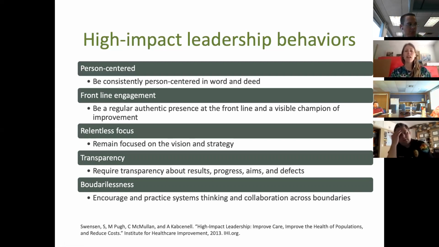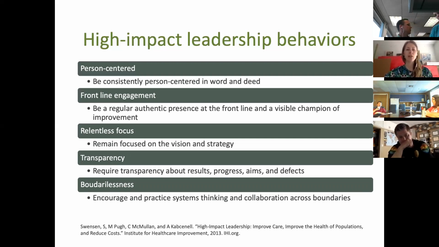And then we have external organizational boundaries, like hospitals, primary care, first responders, community support agencies. So these are all examples of boundaries that we encounter in our work, and how can we bridge those boundaries as leaders?